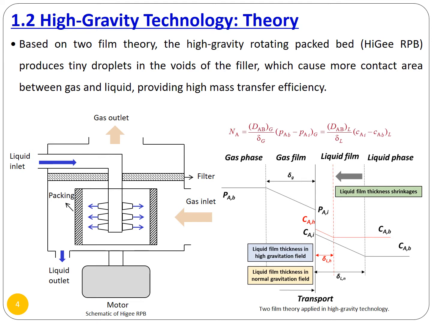In the meantime, the gas goes in from the side, then contacts the tiny droplets to conduct the absorption. When the bed is rotating, the liquid film shrinks and breaks down the gas-liquid interface to narrow it down, which increases the mass transfer efficiency.